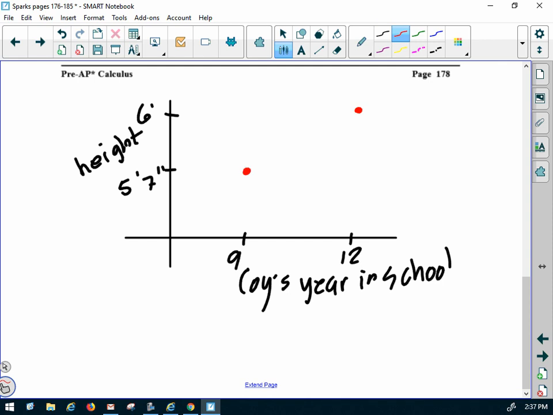Now I'm gonna ask you what seems like a dumb question. Was Coy ever 5'10"? Yes. When? How do I connect the dots? In a straight line? In a curve?